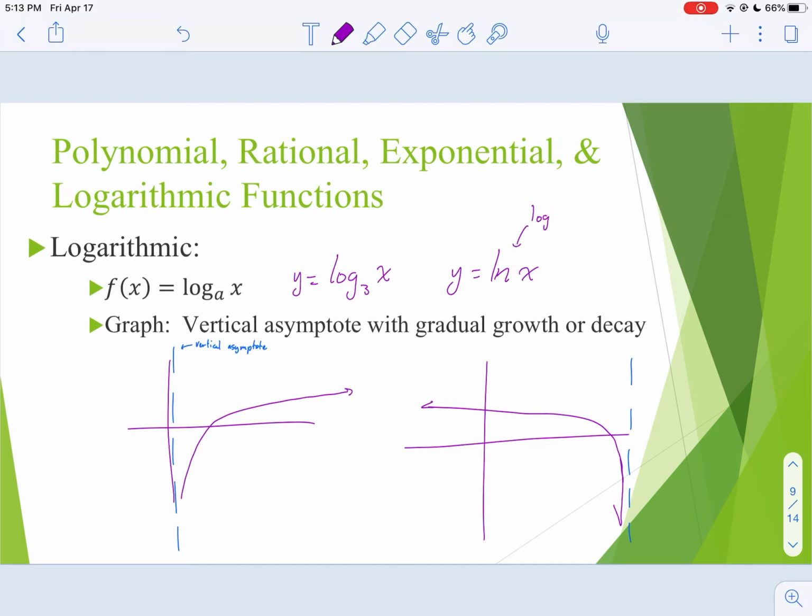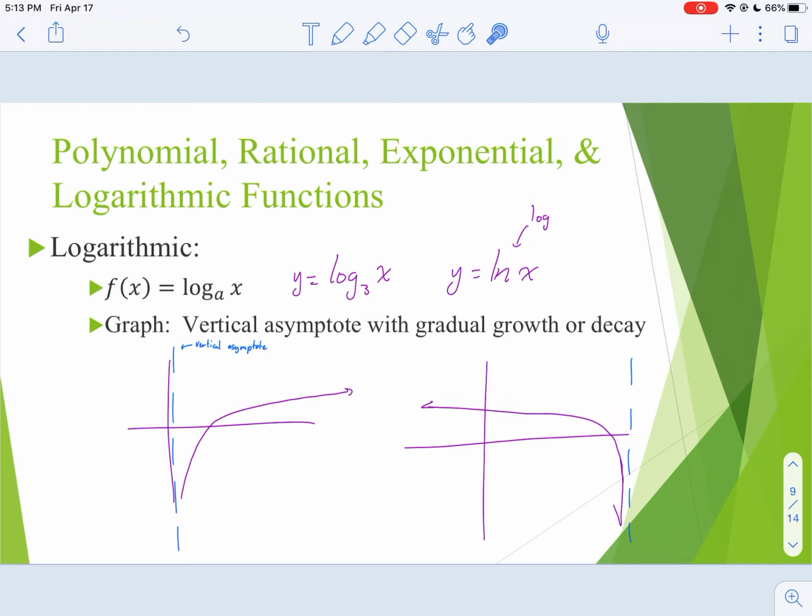Okay, so any equation that has a log in it is a logarithmic equation. These functions have a vertical asymptote, and then they level off. So they might almost look like they just end, kind of funny. They might not have an arrow on the end, but both of these would be examples of logarithmic functions.